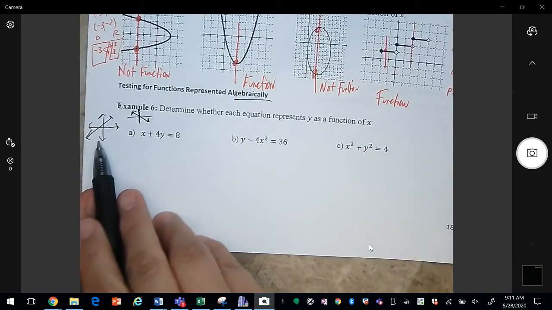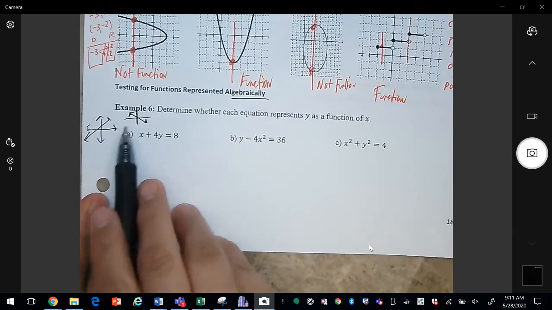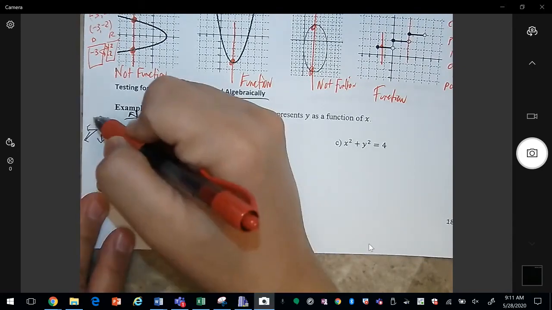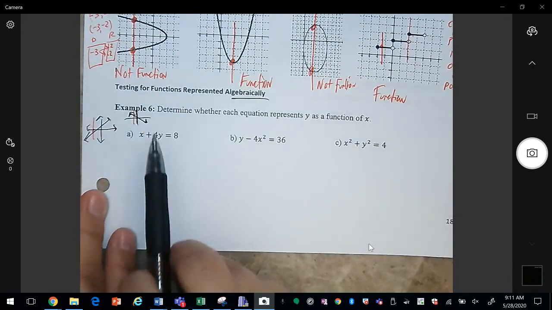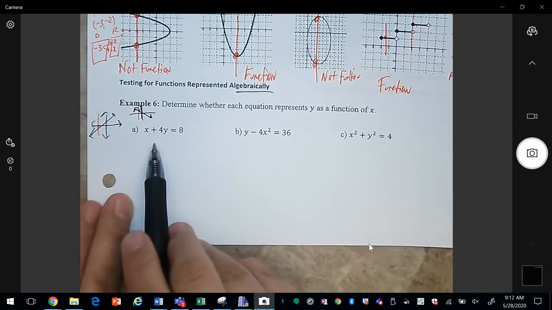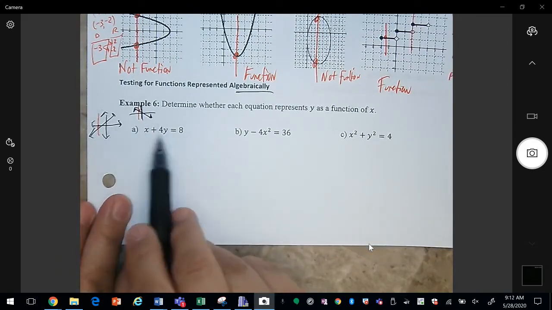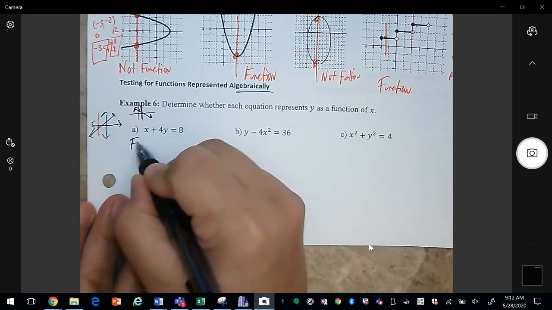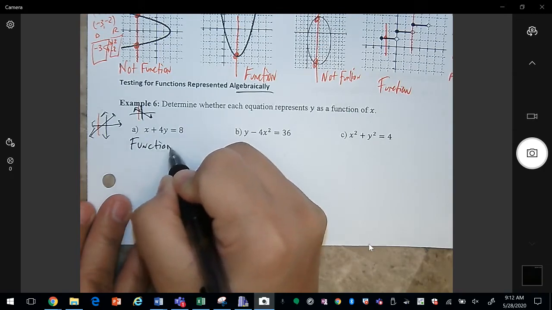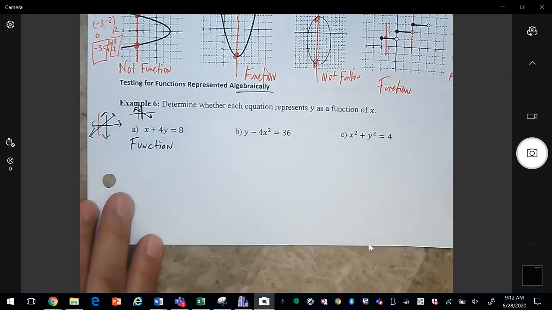Whether it's like this one or this one, it's going to pass the vertical line test. So anything that's a linear equation would be a function.